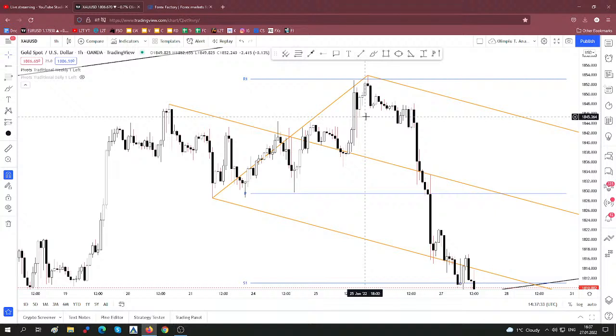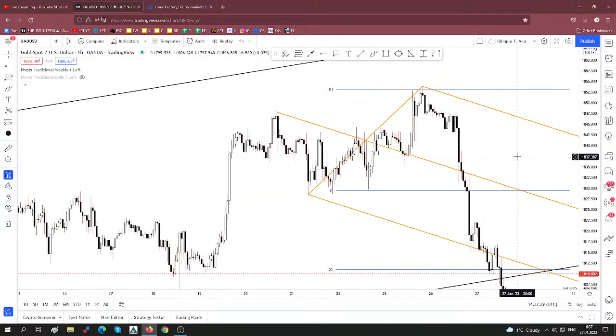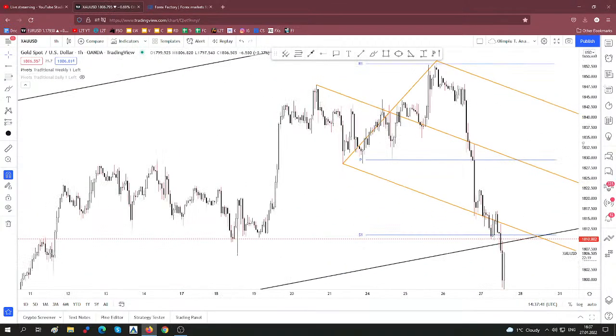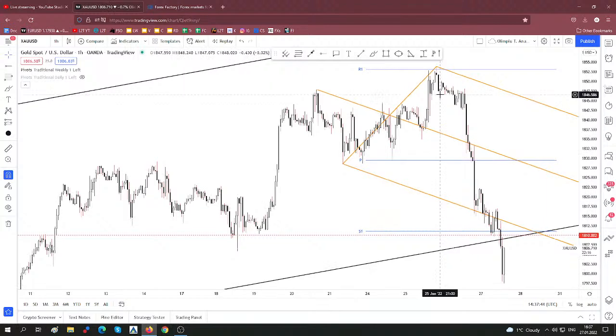And you can see that it was a great decision to manage my position at break even, because after closing, the price of gold plunged. We had a strong downside movement ahead of the FOMC, before the Federal Reserve.